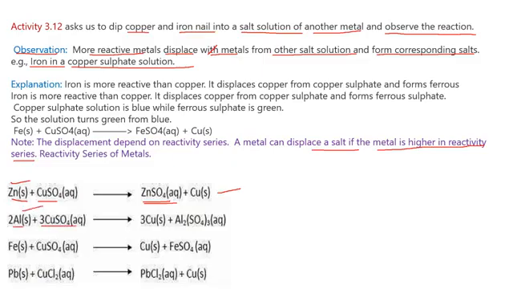We are getting an aluminum salt. Then iron and copper, this we have already discussed, and Pb plus CuCl2, we get PbCl2 plus Cu. Lead is also more reactive than copper, so copper will be replaced by lead.